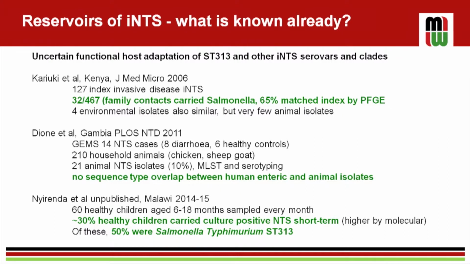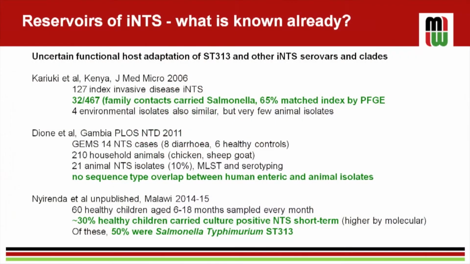We also know from The Gambia, in a study linked to GEMS, so these are diarrheal cases, that they linked NTS cases and controls of diarrheal disease and looked for a linkage with animal NTS isolates using MLST and serotyping, and found almost no isolate sequence type overlap between human and animal disease.